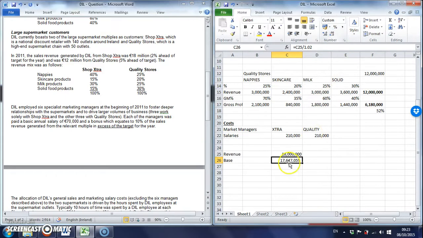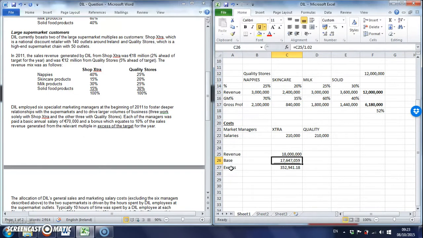Therefore your base was about 17.6 million, and the excess is 1 minus the other, which in this case is 352,000. And the bonus is based on 10% of that, so the bonus is actually 35,000 for Extra managers.